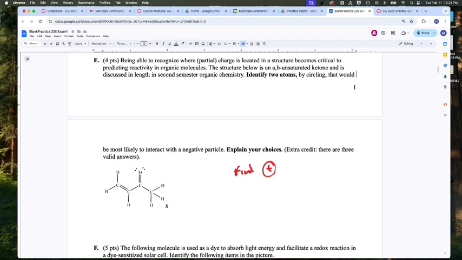One of them became positive, the other one took electrons away. Do we have any kind of physical description or definition for an atom that has the ability to take electrons away from another atom? Electronegativity. So if electronegativity isn't crossing your mind, you got a problem. That's where partial charges come from. It's the difference in electronegativity between those atoms.